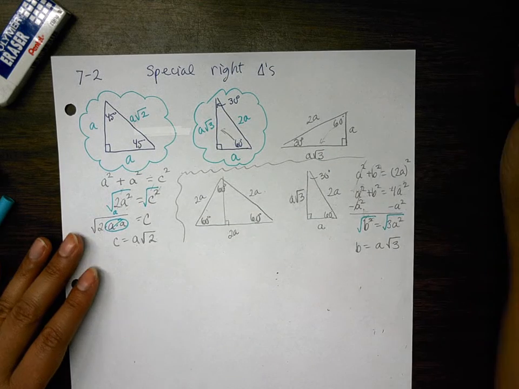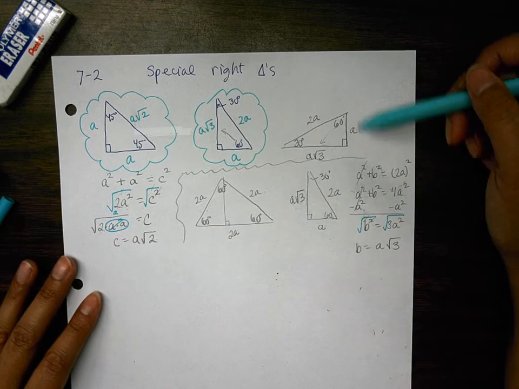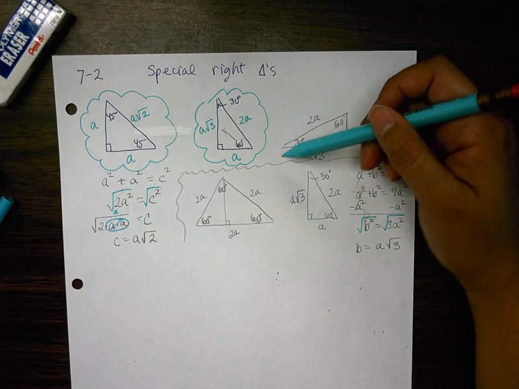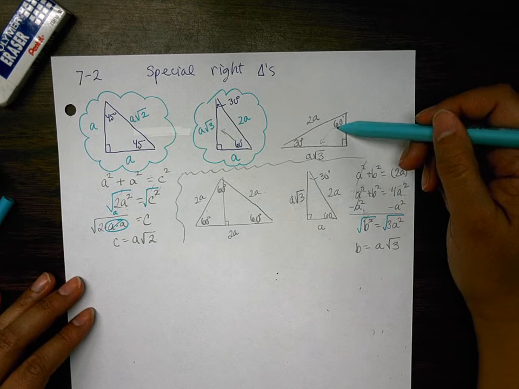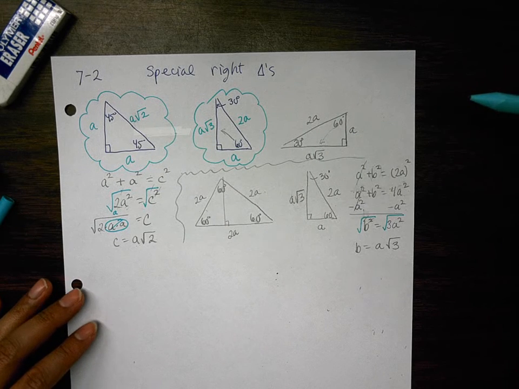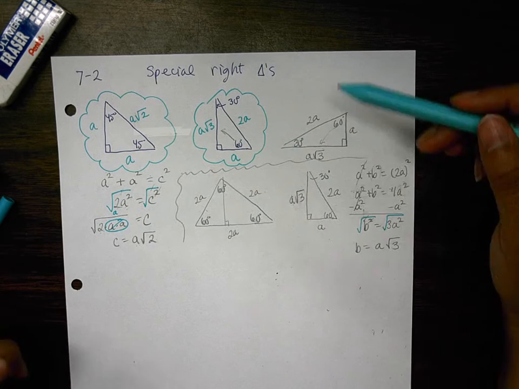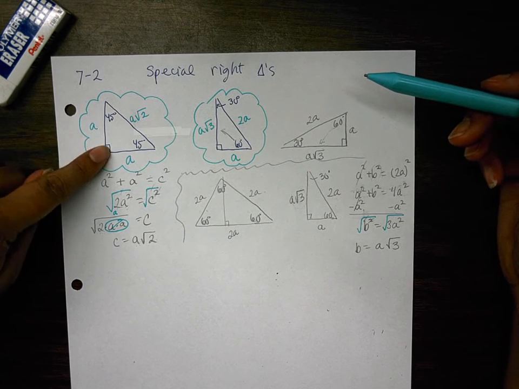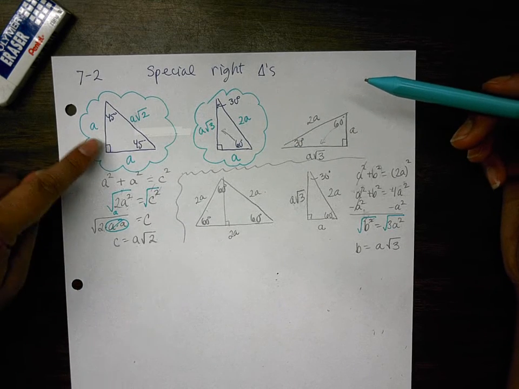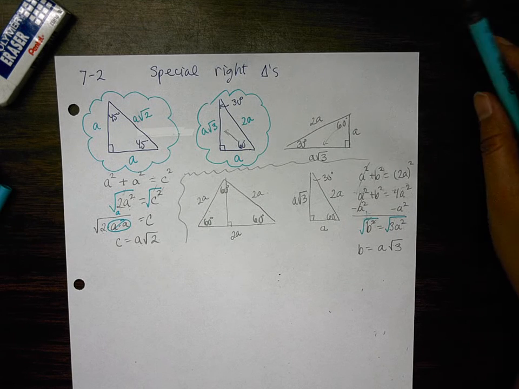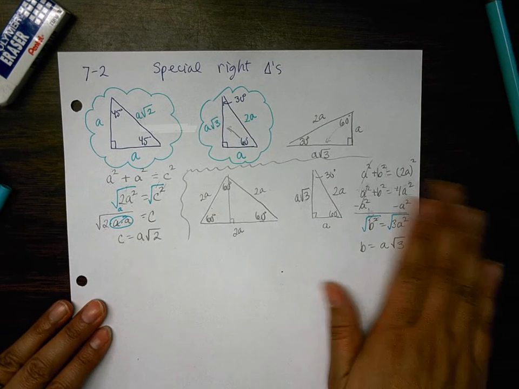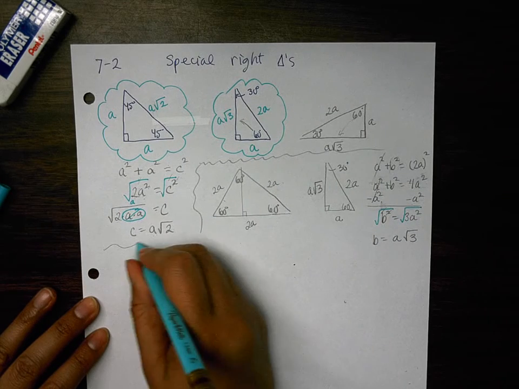Okay, so what you have to remember here, the hypotenuse is always 2A, opposite the 30 is always A, opposite the 60 is always A root 3, regardless of how the picture is drawn and rotated. Here, opposite the 45s are A's, and the hypotenuse is A root 2. Got it? All right, let's try some examples.